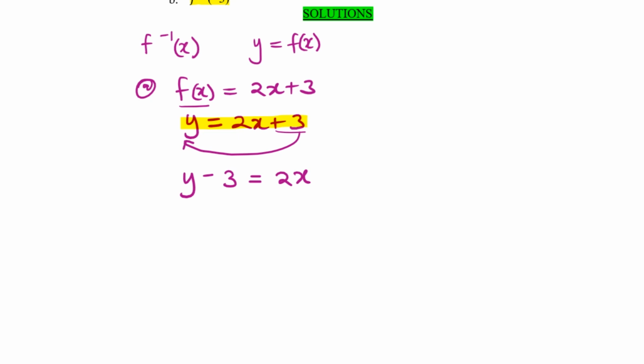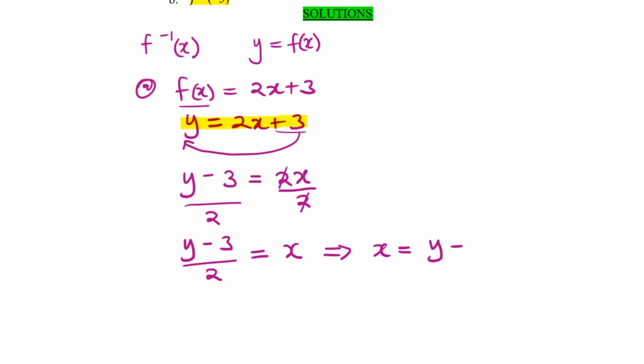This side will just remain with the 2x. From there, we divide by 2 on this side, and by 2 on the other side. So we are going to have y minus 3 over 2 is equal to, here 2 and 2 cancel out, will remain with the x. Therefore, this can also be written as x is equal to y minus 3 over 2.